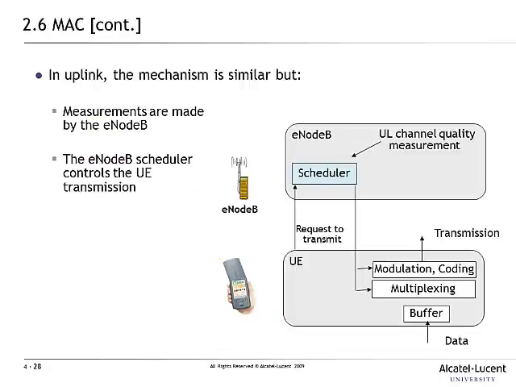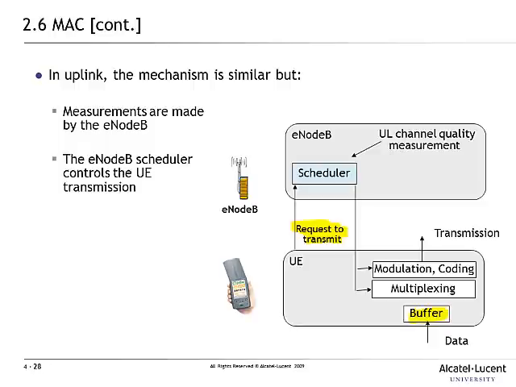Now the same thing happens in uplink as well. In the uplink direction, the scheduler is, in this case, taking measurements, and the UE, when it's got data to transmit, will send a request to transmit message, and the scheduler will receive it. And remember, in uplink transmission, the data is sitting in the UE buffer.